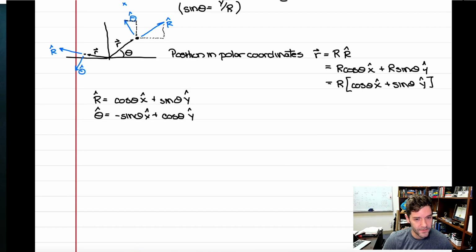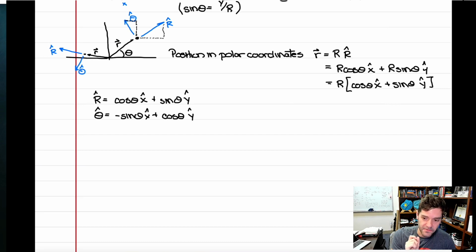The reason these are a little more involved is that the unit vectors themselves change in orientation as the particle moves around. If the particle is moving as a function of time, to describe it in Cartesian coordinates you have an x and a y and a z, and those never change. You can always specify how far you are along each of those axes.